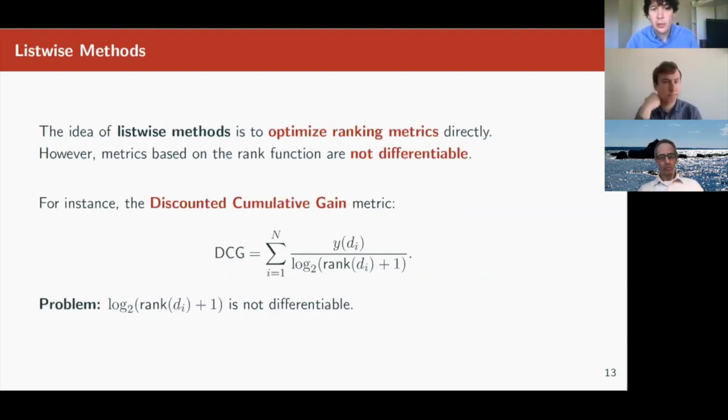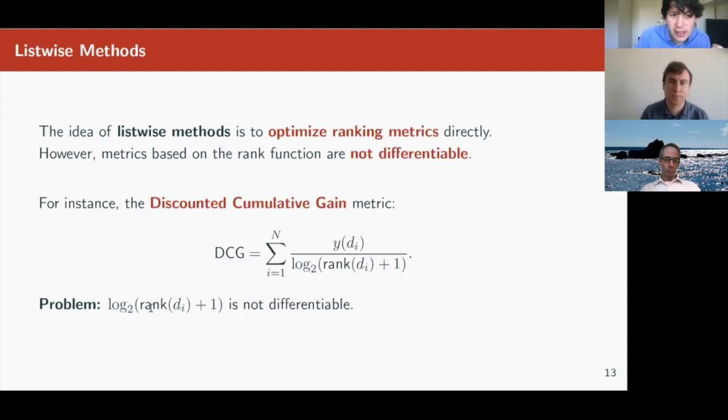These methods try to optimize ranking metrics directly. So for instance, if we care about DCG, as you can see the formula here, famous ranking metric, we want to optimize that metric directly. Because if the metric tells us what the quality is, then that's what we should be optimizing as directly as possible. The problem here, of course, is that this isn't differentiable.